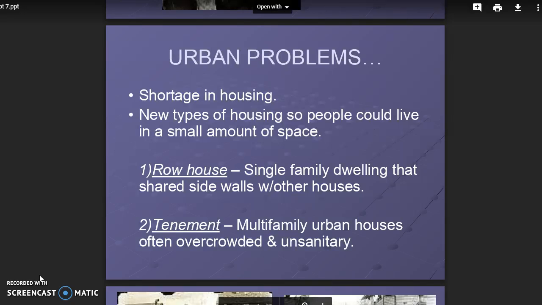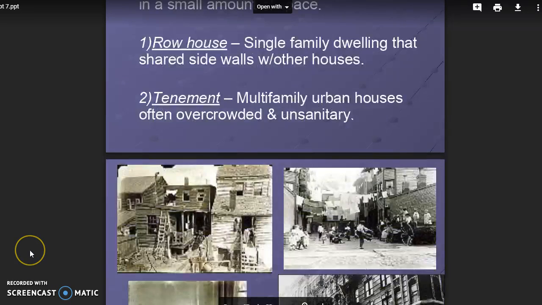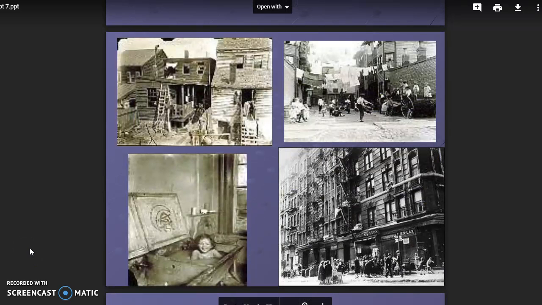One is the row house, a single family dwelling that shared side walls with other houses, and then a tenement, which is a multi-family urban house and often is overcrowded and unsanitary. So please write that down for number 16. Here are pictures of the different houses and how overcrowded it became.